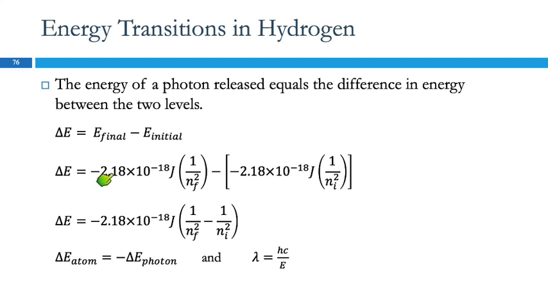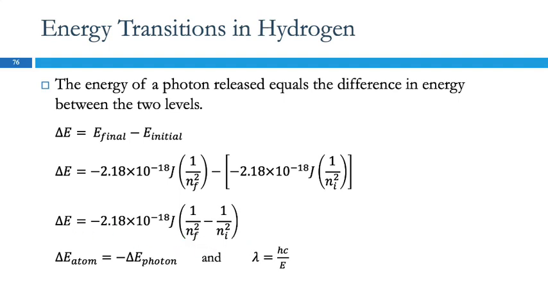So we learned that the energy of an electron in hydrogen is equal to negative 2.18 times 10 to the minus 18th joules times 1 over n squared. So here it's the final n squared, and then we're subtracting the energy at the initial n squared. So that can be simplified to this equation, which you will use on the worksheet.